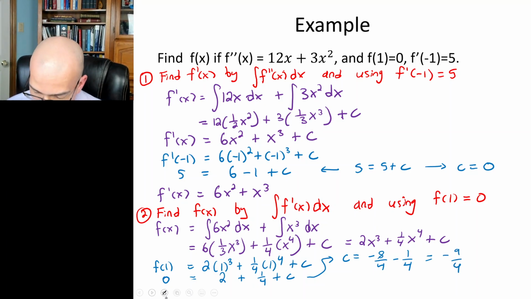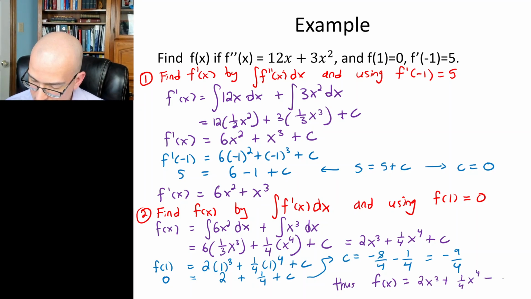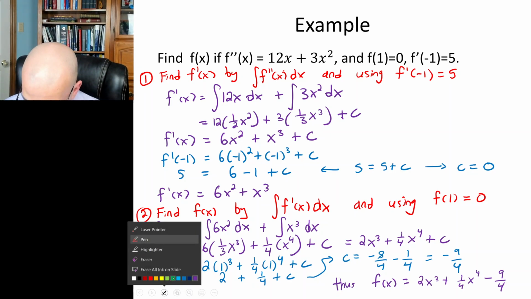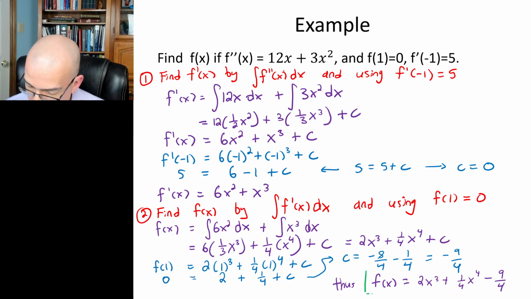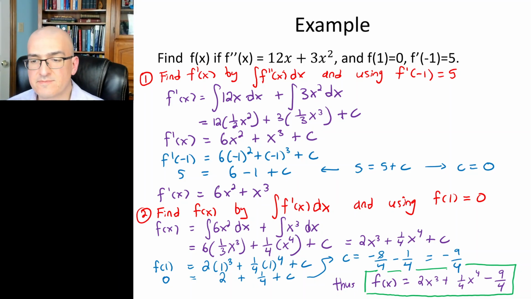So we can make our conclusion: thus f of x is equal to 2x cubed plus 1 over 4 x to the 4 minus 9 over 4. And that is our particular solution. That's the solution given all the information.